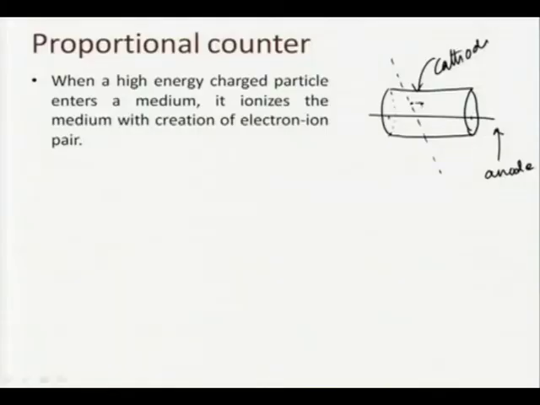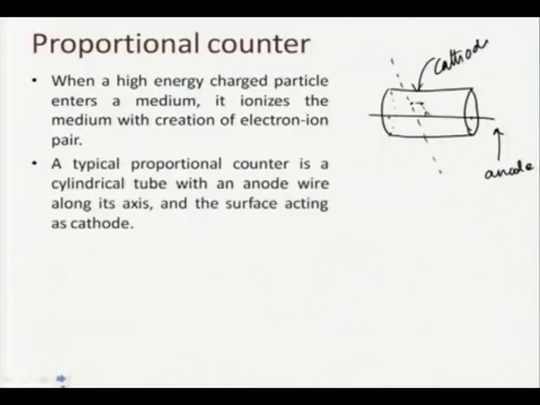So, it slowly goes, and as it gets sufficiently large energy, suddenly an avalanche happens, and there will be a shower of electrons and ions produced near the anode and absorbed by the anode. This is one of the basic types of detectors, which are called proportional counters.